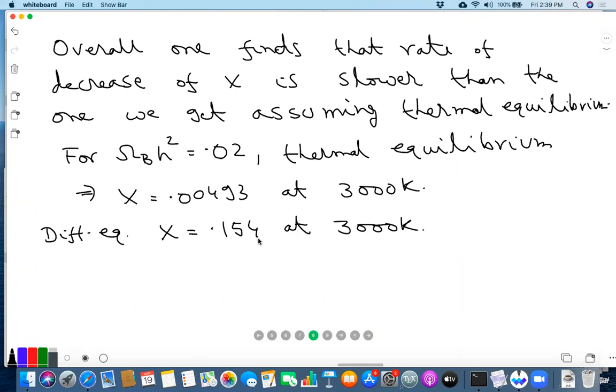Because this decreases very rapidly, the actual temperature at which the last scattering surface is doesn't change very much. Because between 3000 K and a little lower, the number of free electrons comes down drastically. And it's the same reason as in nucleosynthesis, right? Because the temperature at which you are doing this, that B1 over T is a huge number. So a small change in temperature causes a large drop in this B1 over T, and that's what is responsible for this rapid change in X as the temperature comes down.